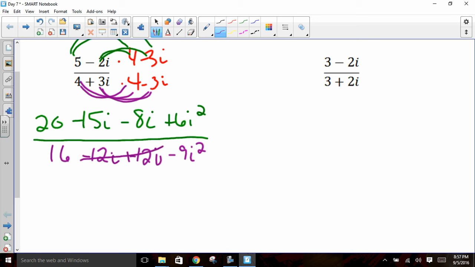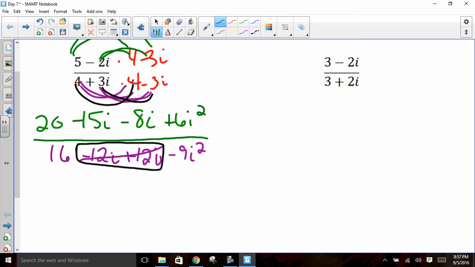That's the whole point of doing the conjugate. It's because we want to get rid of that imaginary stuff on the bottom. So on the bottom, we'll basically only need to multiply first number times first number and last number times last number, only because of this special property that happens here.